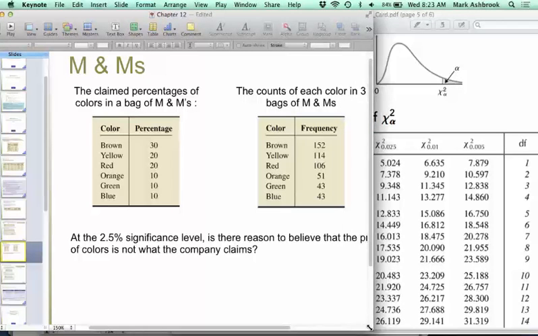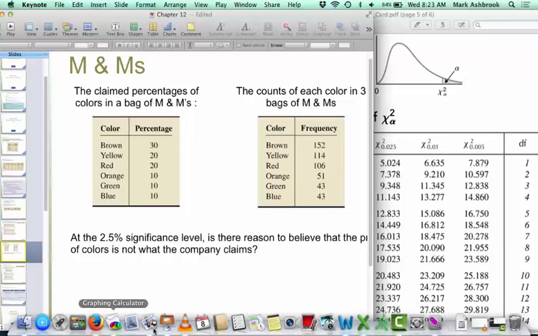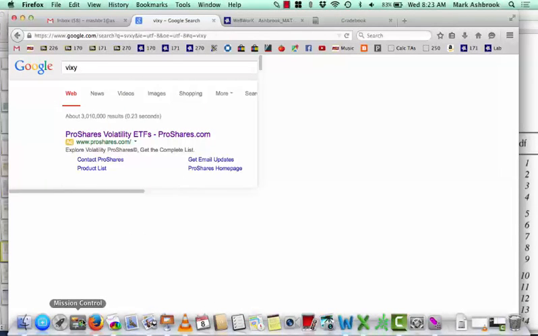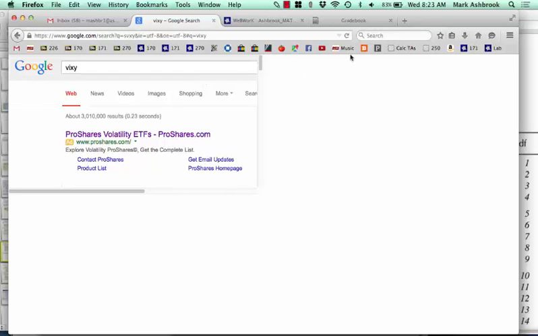In the homework, you have that little button, right? So it gives you the data, and then you see that there's a teeny little button that you just click, and it takes you right to StatCrunch with that data. But for this one, we're going to have to put it in ourselves. Okay, so let me show you that first.